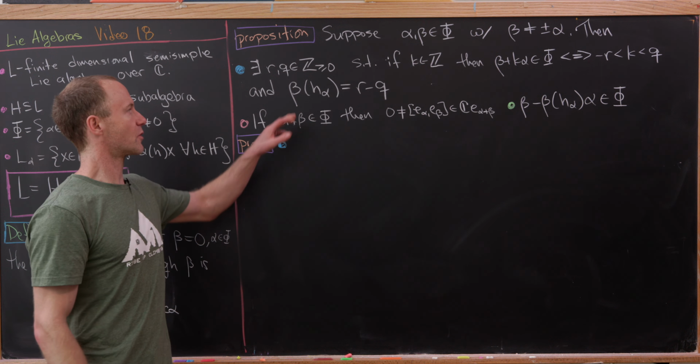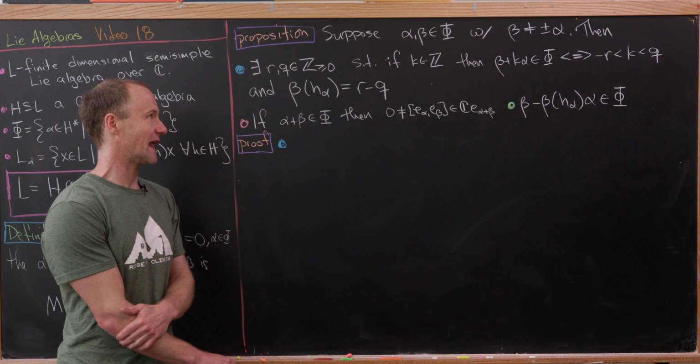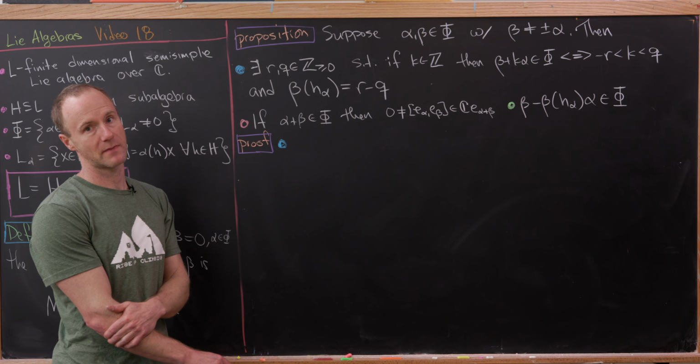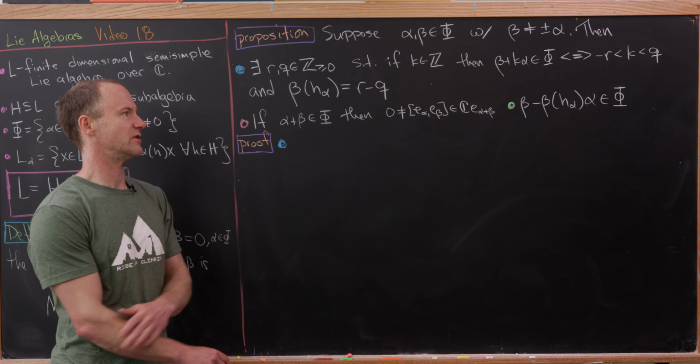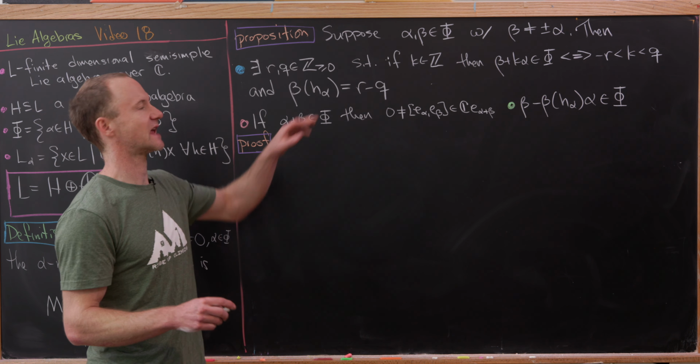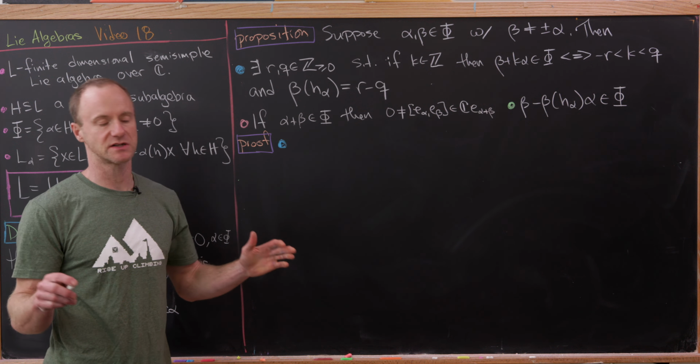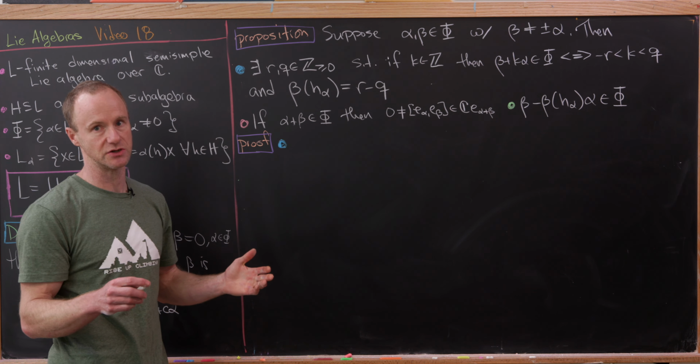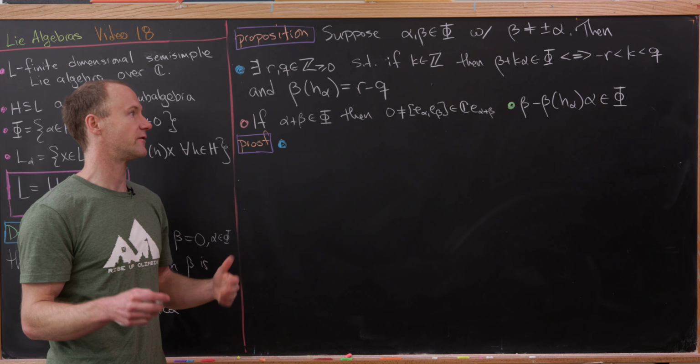Okay, and then furthermore, we have beta evaluated at h alpha is r minus q. So that's maybe the relation between a couple of these ideas. So this h alpha is the Cartan part of the SL2 triple from alpha.